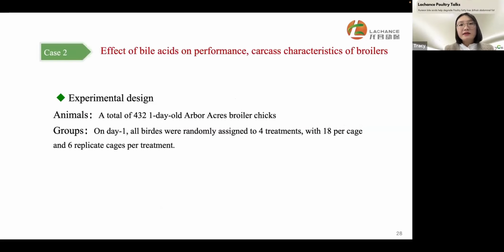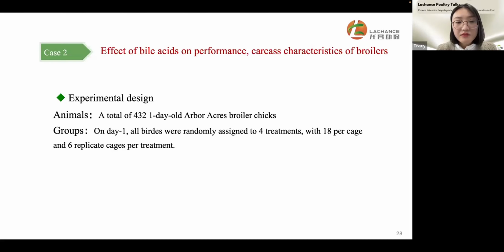And in the next case that I would like to show you is the effect of bile acids on performance and carcass characteristics of broilers. So in this experiment, a total of 432 one-day-old AA broiler chicks were used.